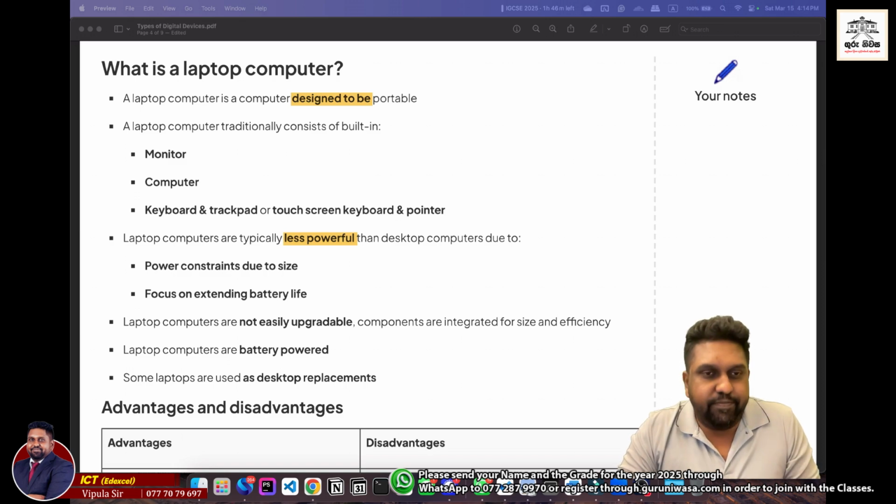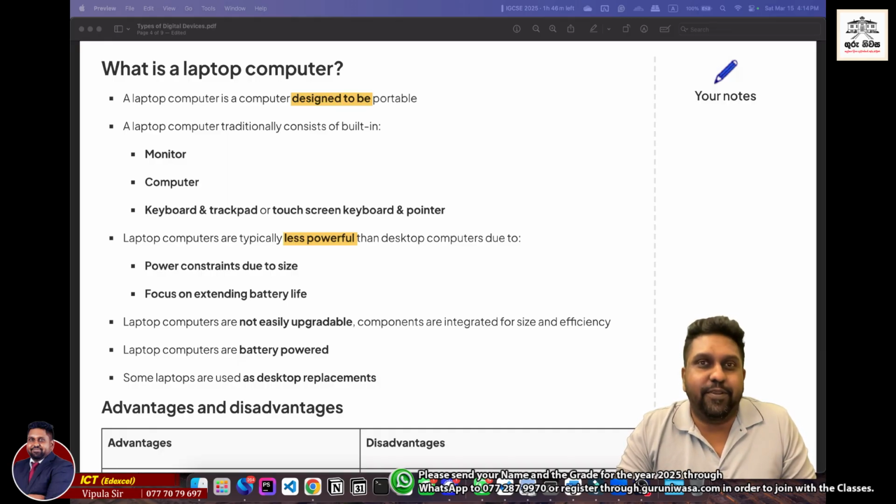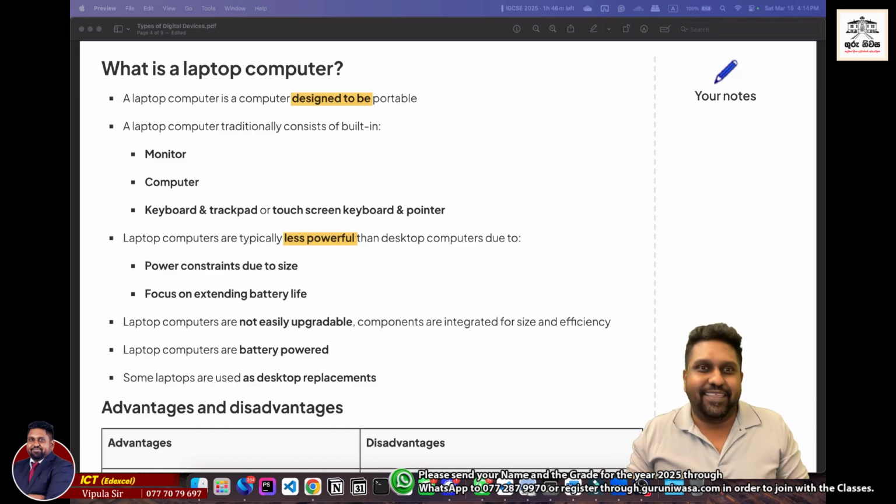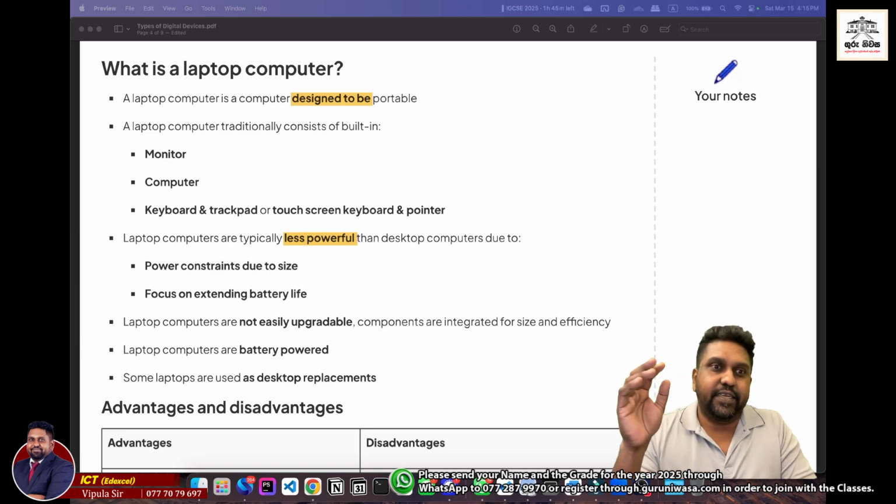So remember, power constraints are due to the small size of a laptop; the hardware is small or has limitations. Plus, laptops are actually designed not to be kept on a table. The whole idea behind a laptop is to keep the computer on your lap and work. So the ideal focus is to make sure that your device has a long battery life.